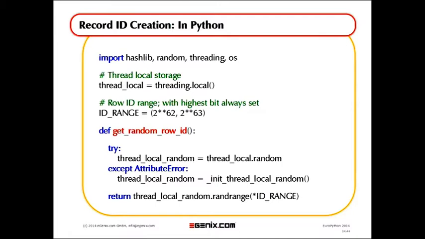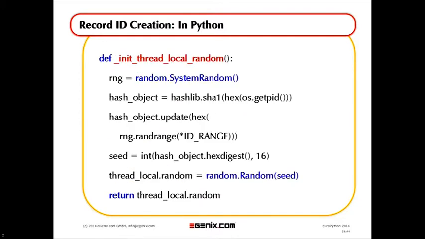This needs to be thread local because every thread should generate its own IDs, so you don't get any overlaps. And then you have to deal with setting up the random number generator. And the best way to do that is to use system random to get a good seed for the random number generator. Then you put the seed into hex, and then you seed the random number generator with that, and then you use that in your thread local.